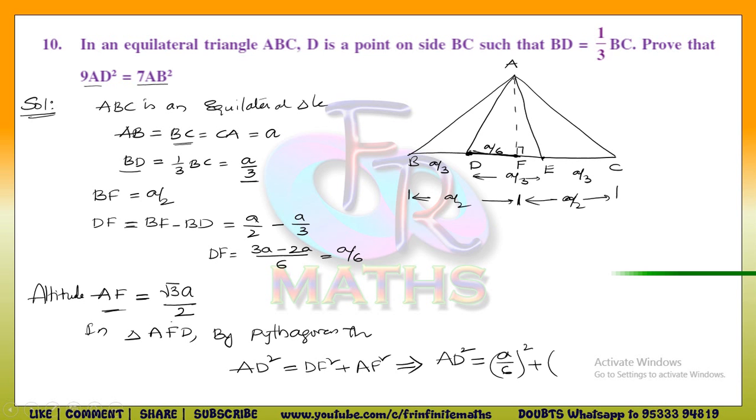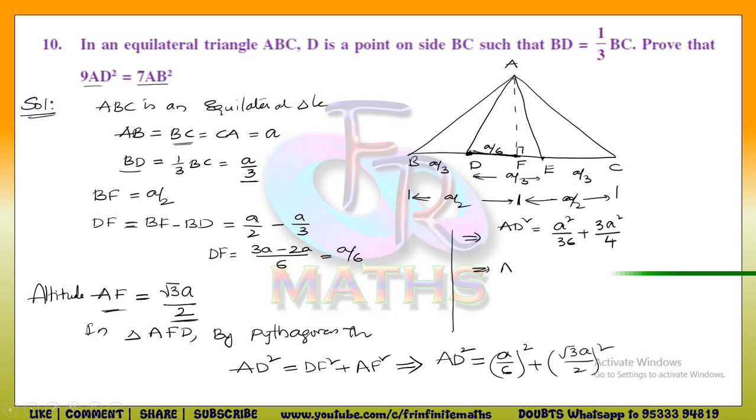So AF we have already written, it is nothing but root 3 A by 2 whole square. Now when I do this, AD square is equal to A square by 36 plus root 3 A by 2 whole square, which means 3A square by 4.